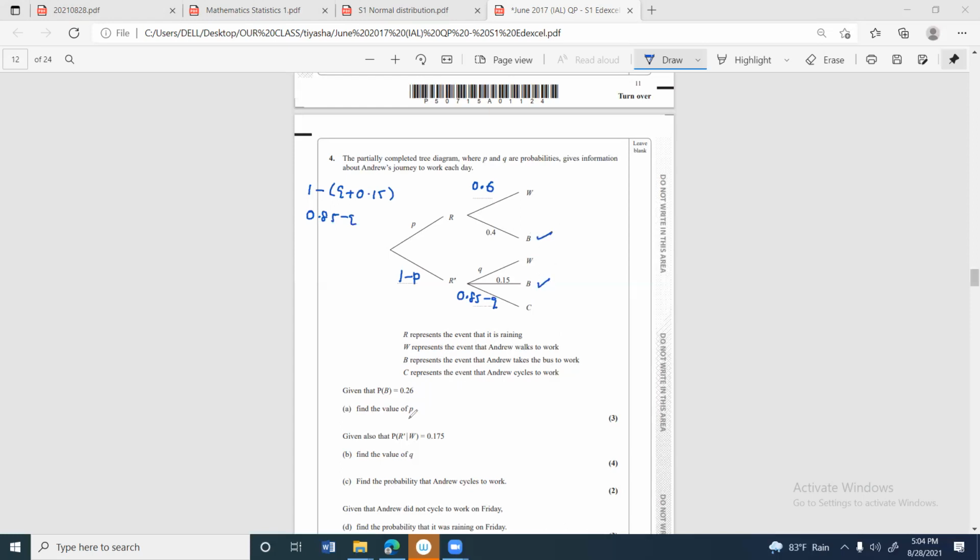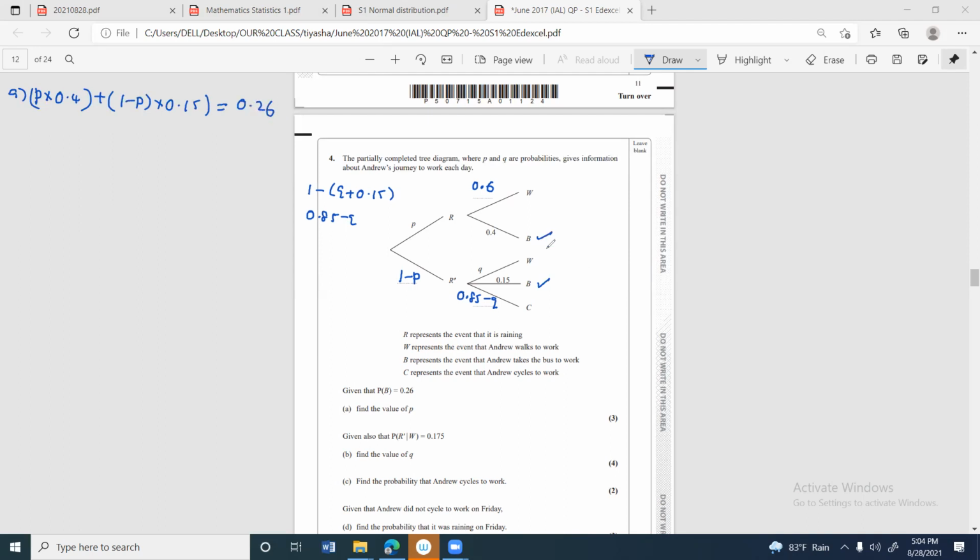The addition of these two events they have given as 0.26. Then for part A, this event is P times 0.4 plus this is 1 minus P times 0.15. They have given this value as 0.26.